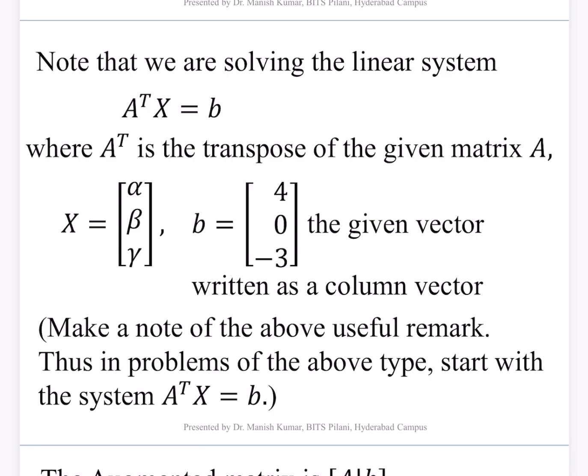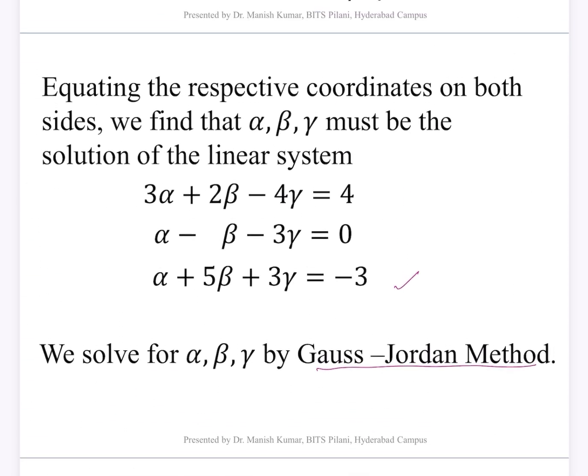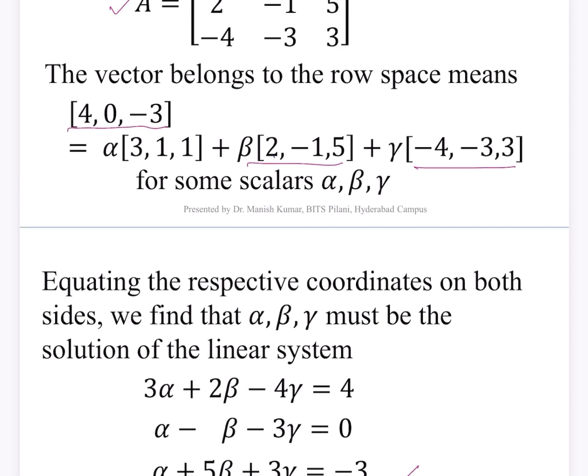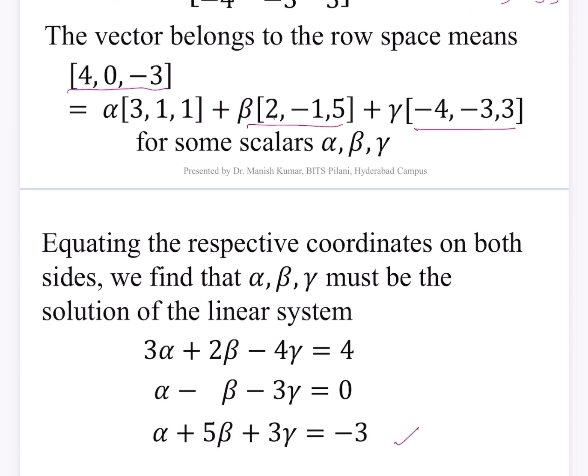Solving the linear system A transpose X equal to B, because A was given. If you see here, each row becomes a column. So what is A transpose here? A transpose is nothing but 3 1 1, 2 -1 5, and -4 -3 3, right? When you solve the system, you see here 3 1 1 is the coefficient matrix.